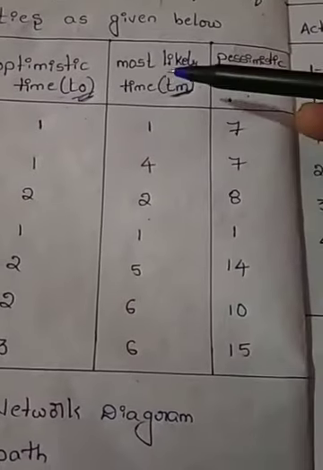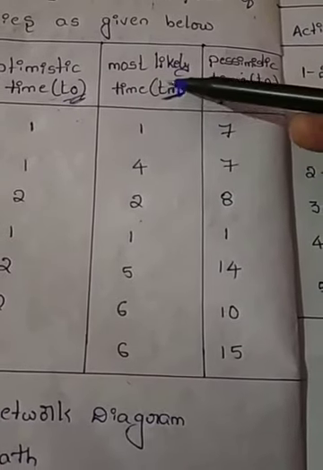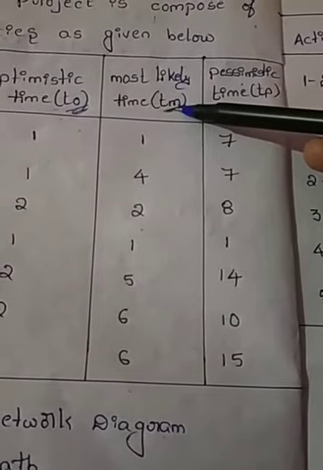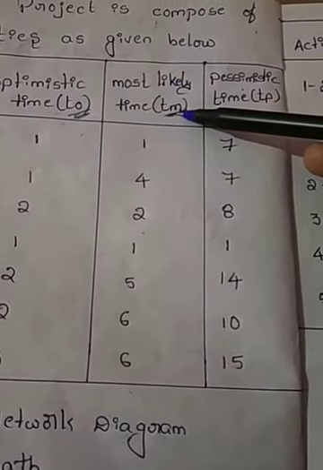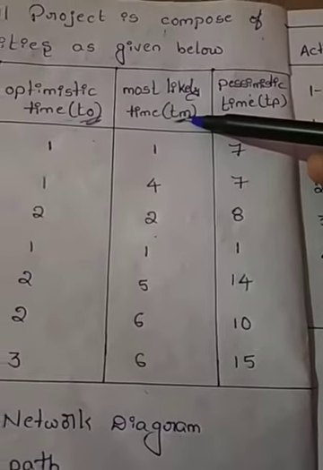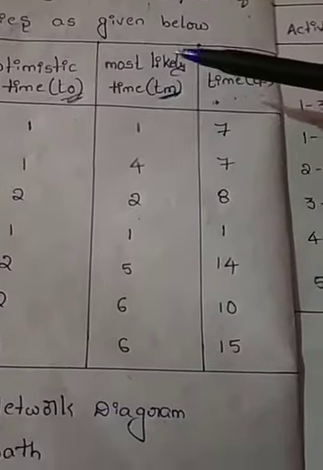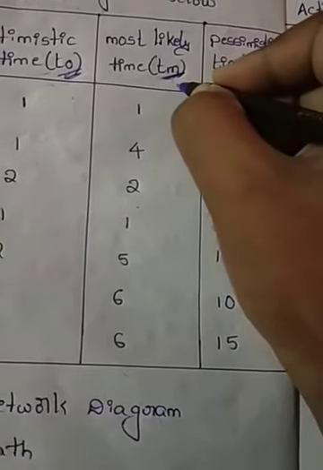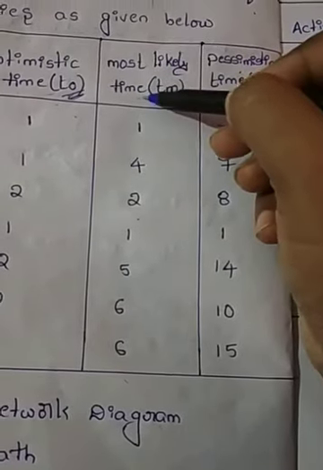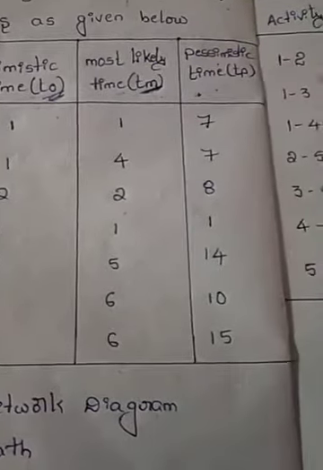Next, most likely time, denoted TM. Most likely time means in maximum cases to perform an activity, the conditions may be favorable or unfavorable.